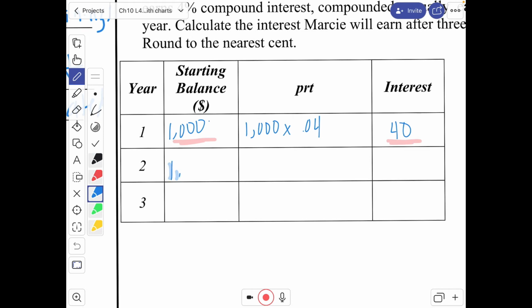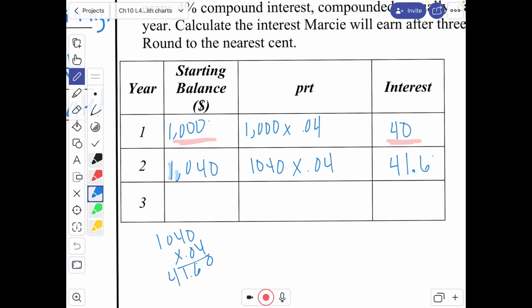So now she's got $1,040. So when we calculate the interest, we have to multiply 1,040 times 0.04. So the second year she gets $41.60.